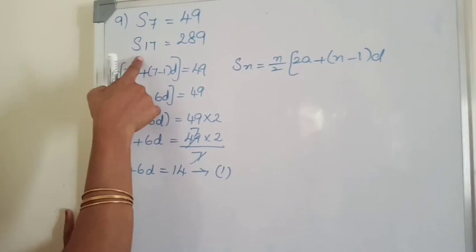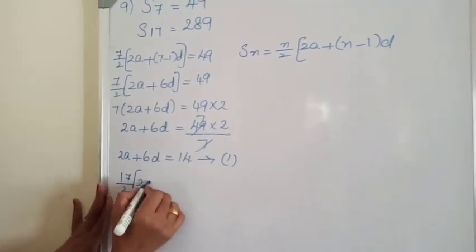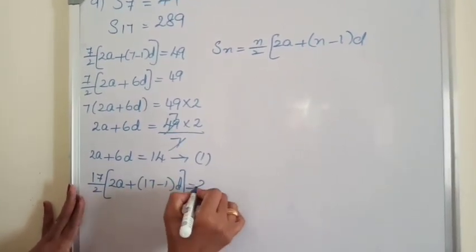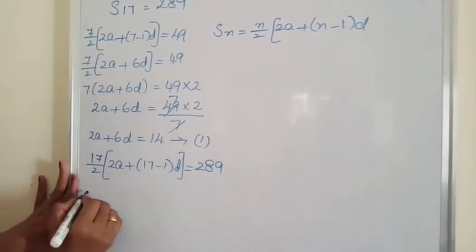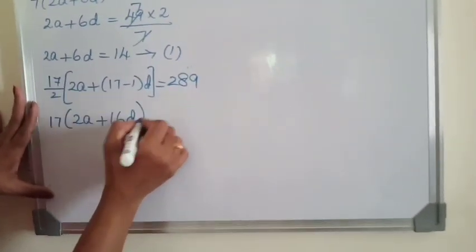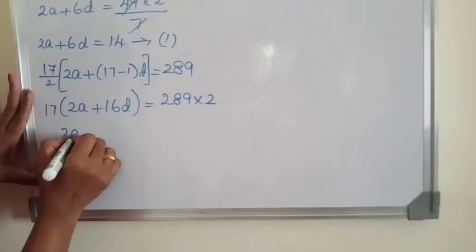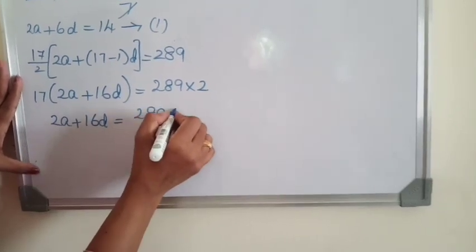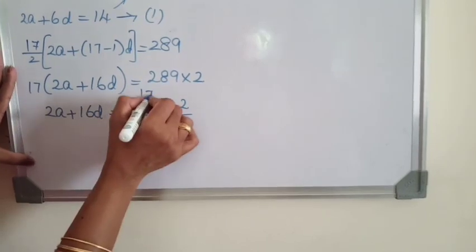Similarly, for the second equation, S17 can be written as 17 by 2 into 2a plus 17 minus 1 into d is equal to 289. 17 into 2a plus 16d is equal to 289 into 2. 2a plus 16d equals 289 into 2 by 17. 17 times 17 is 289.